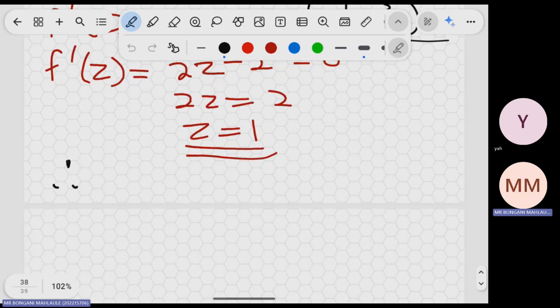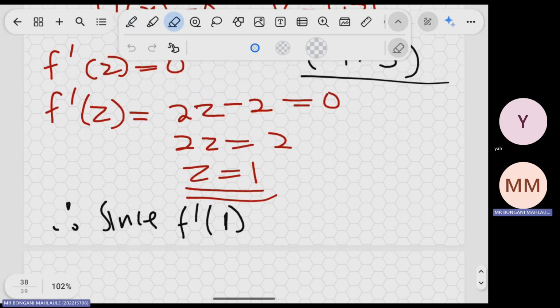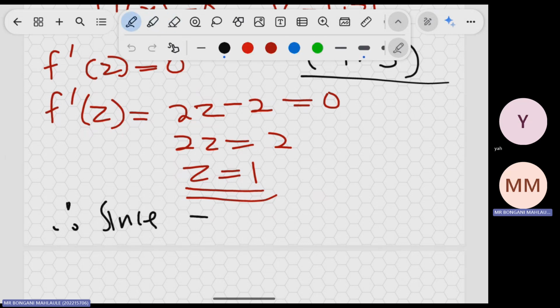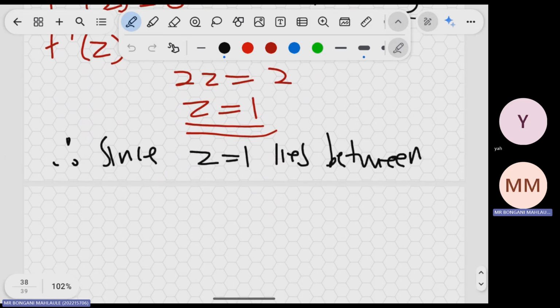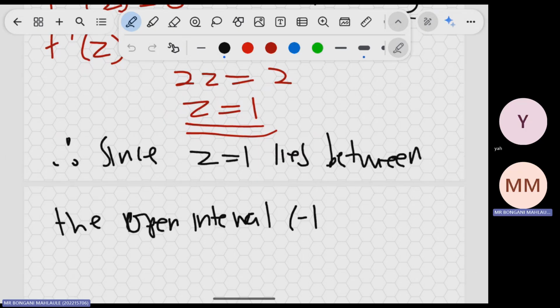So therefore, since z equal to 1 lies between the open interval -1 and 3, then there exists a value.